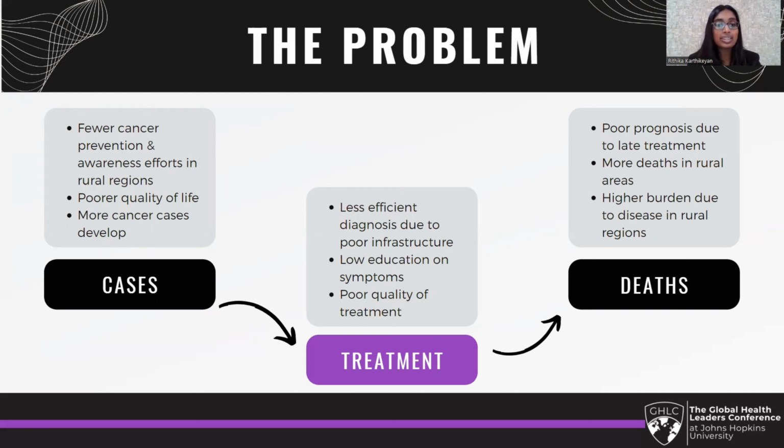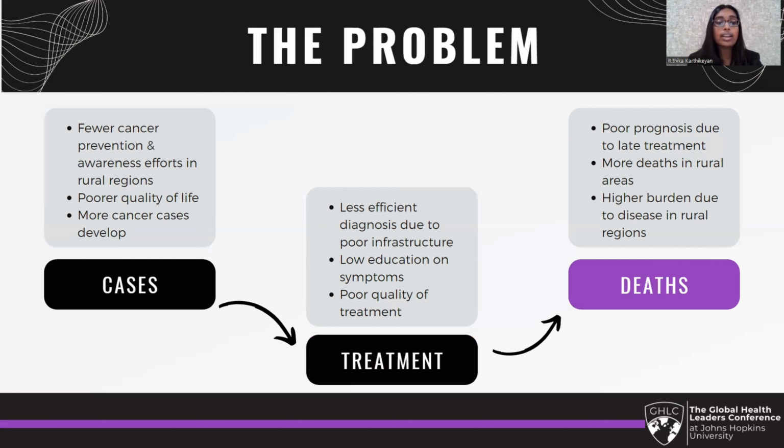As we'll see in more detail later, an early diagnosis is often the first step in creating a good prognosis for the patient. Poor healthcare infrastructure also means that the patient's quality of treatment will be lower, and that they might not have access to the necessary medications or facilities. Finally, this leads to a higher mortality rate because the patients that received a late diagnosis did not have access to the right treatment, and because of that, they had a poor prognosis.